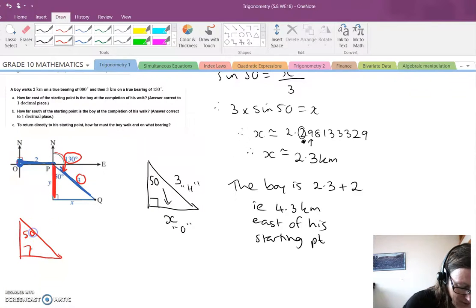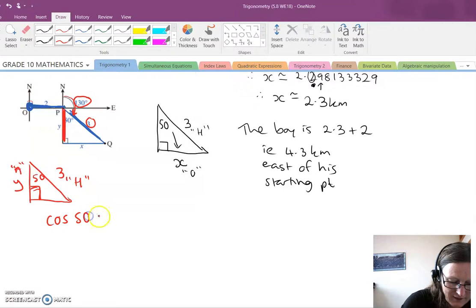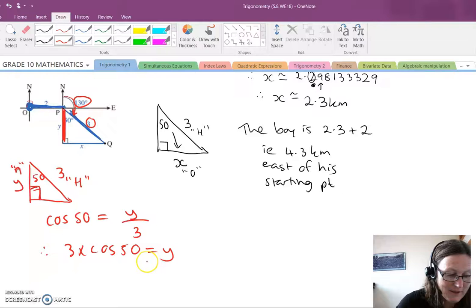50, 3, y. So we have got the adjacent side and we have got the hypotenuse. So we use the cos ratio. So we say the cos of 50 is equal to adjacent over hypotenuse. Then we say 3 times cos 50 gives us y, which is how far south he is.